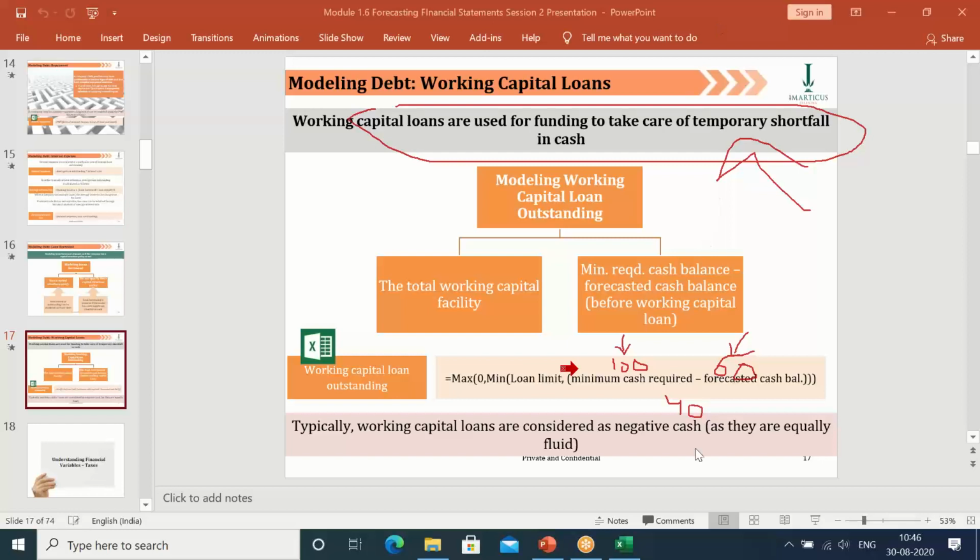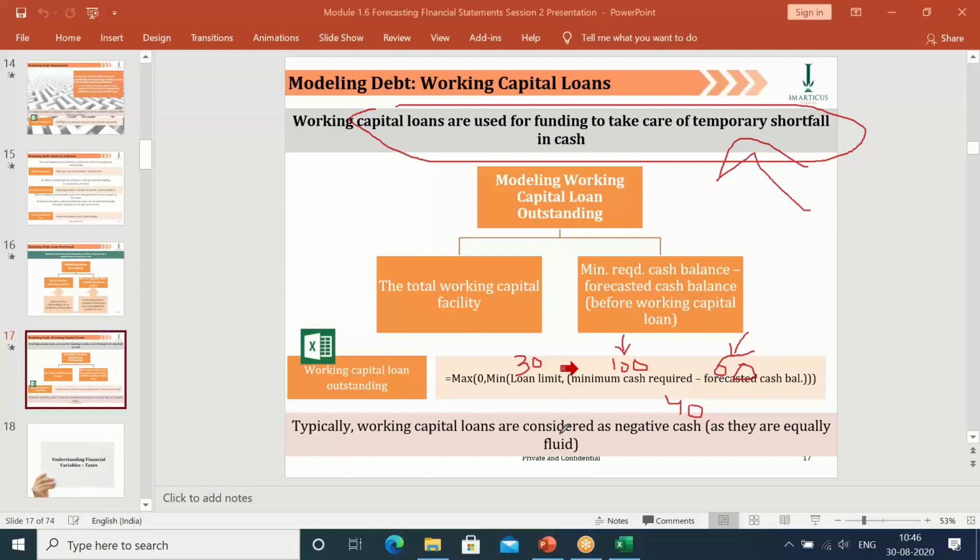So now you need this 40 rupees loan, and suppose from the bank your loan limit is 30 rupees. What does this mean?